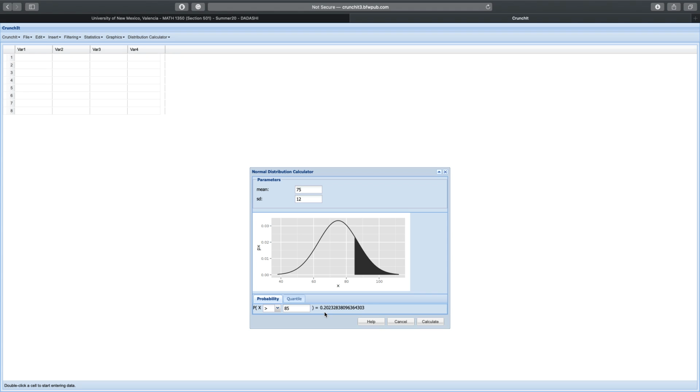And obviously, the probability is smaller and it is around 20%. In the previous case on the left side we had almost 80% and on this side we have almost 20%, a total of 100% of observations under the normal distribution curve.